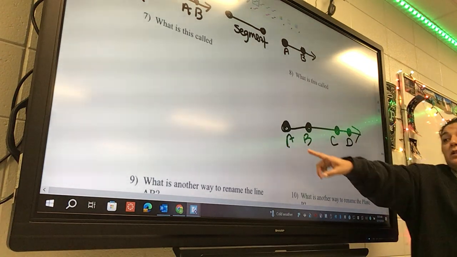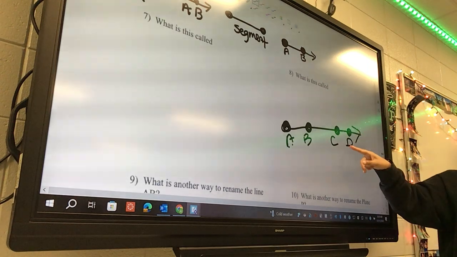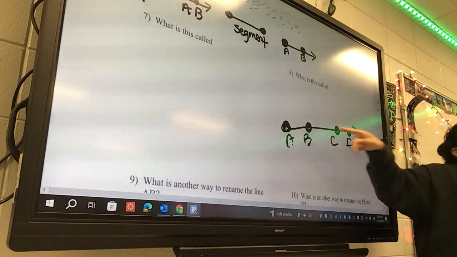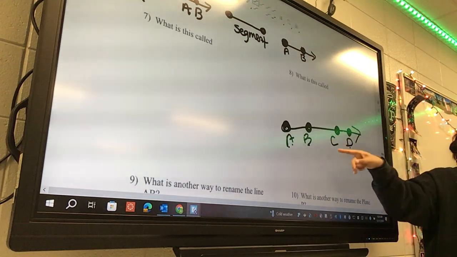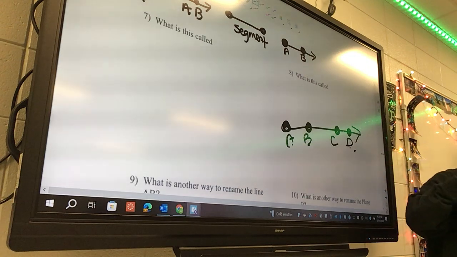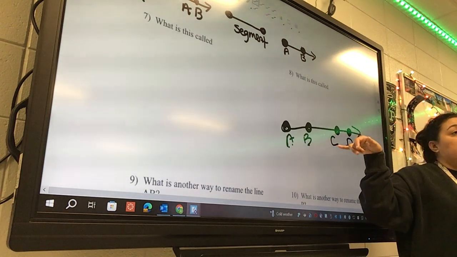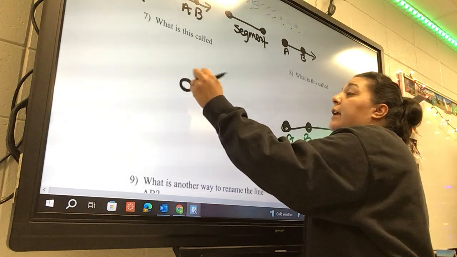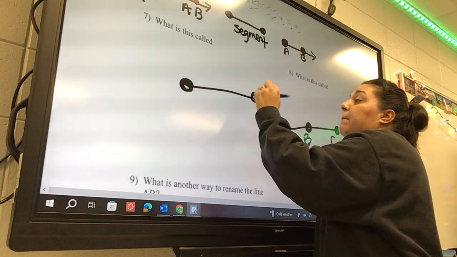D is the last point that it goes through at the very end before the arrow. You could choose and start with B, and it would be BD. Or CD. We cannot do AC, because is C the last point that it goes through? No.